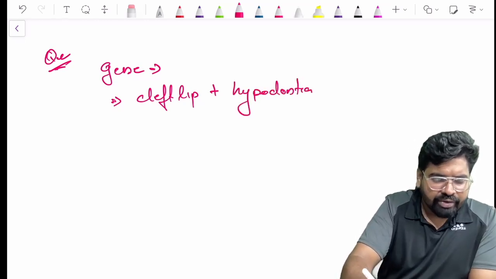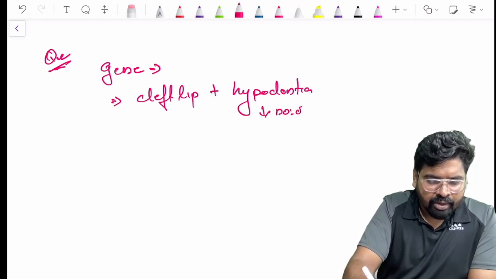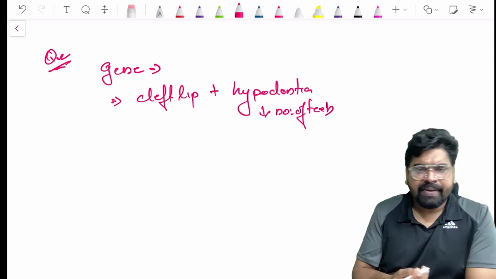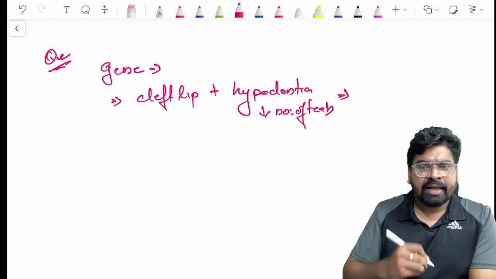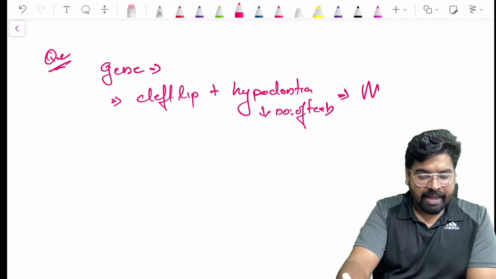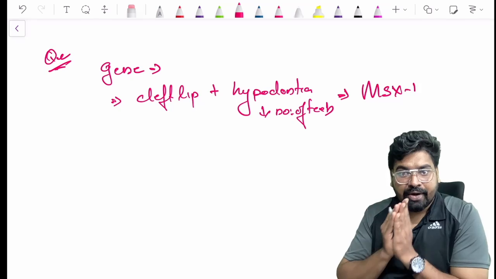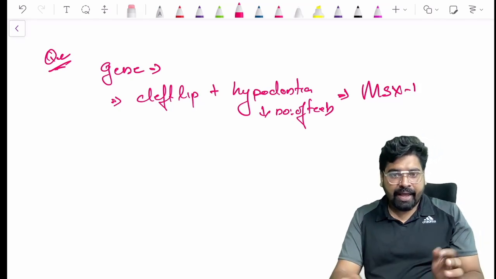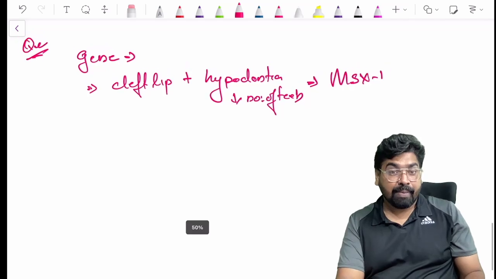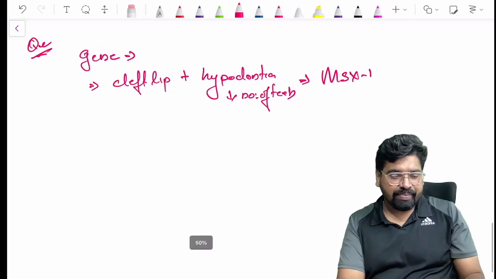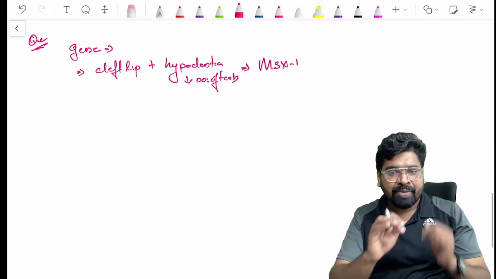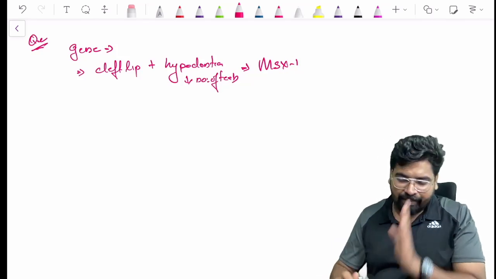Hypodontia means reduced number of teeth. So the person will have clefting as well as reduced number of teeth. Then he is suffering from a mutation in MSX1. MSX1 is a gene which is controlling the number of teeth. So if a person is suffering from cleft lip along with hypodontia, possibly the gene which is mutated is MSX1.